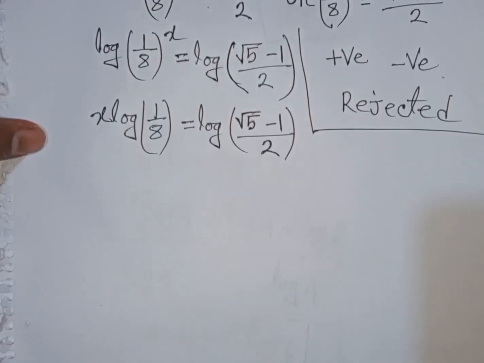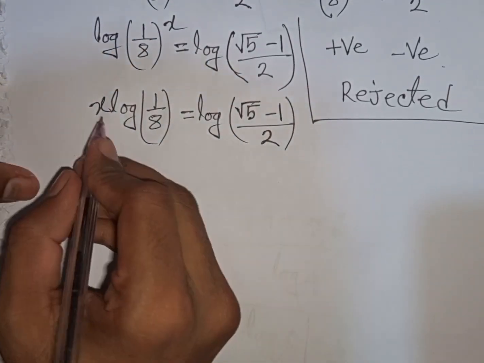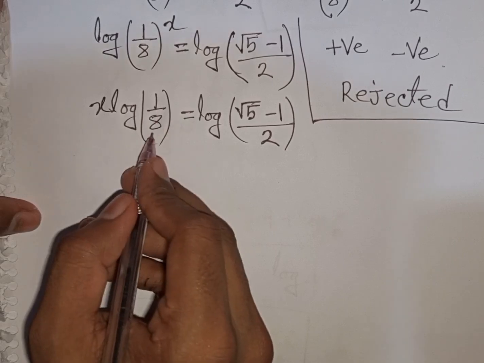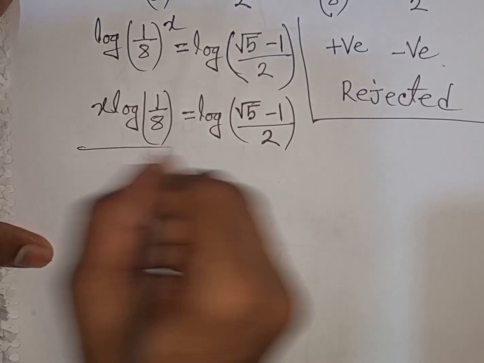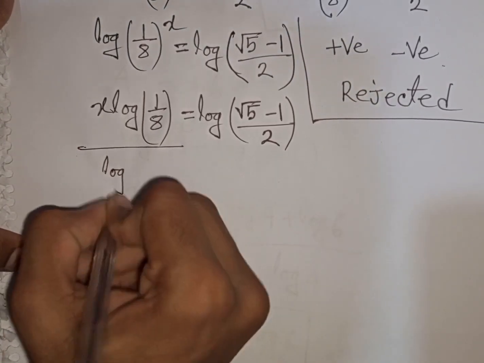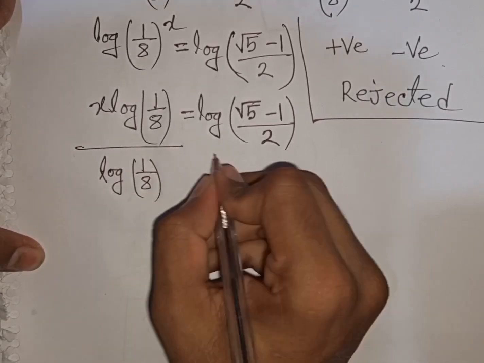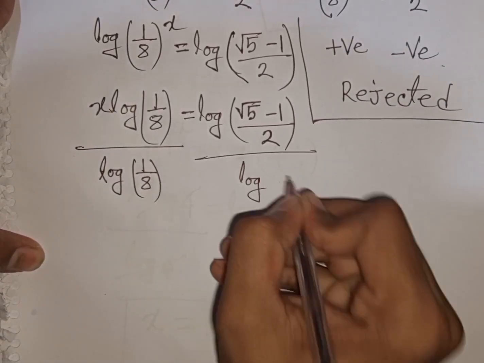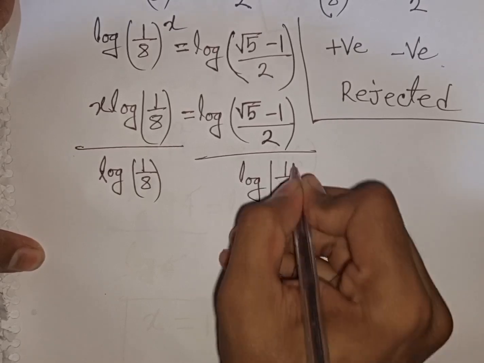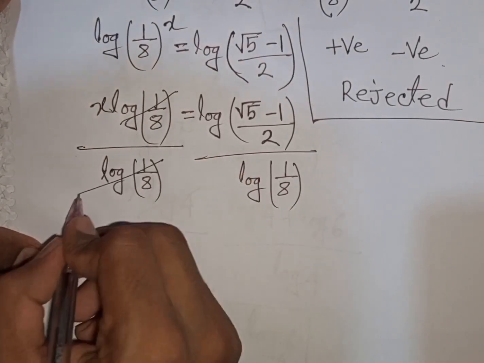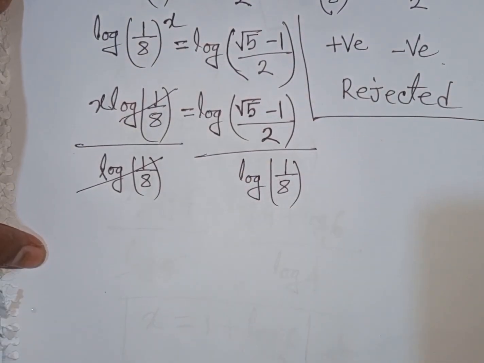Now, we need the value of x. So, we divide by log of 1 by 8 on both sides. So, this log of 1 by 8 and this log of 1 by 8 will be cancelled.